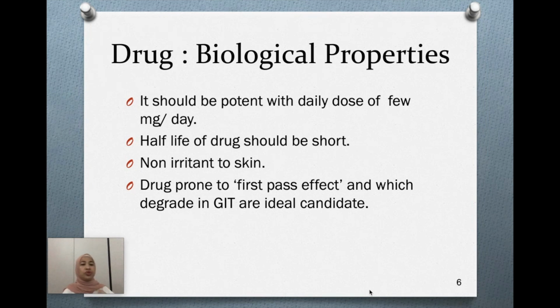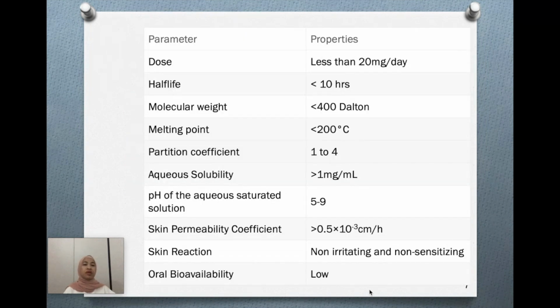And normally we choose drugs which are prone to first pass metabolism, or the ones that degrade in the GIT, so they cannot be taken or formulated orally. So you formulate them with an alternative delivery system. So this is just a summary of the properties of a drug which is optimum for a transdermal drug delivery system.